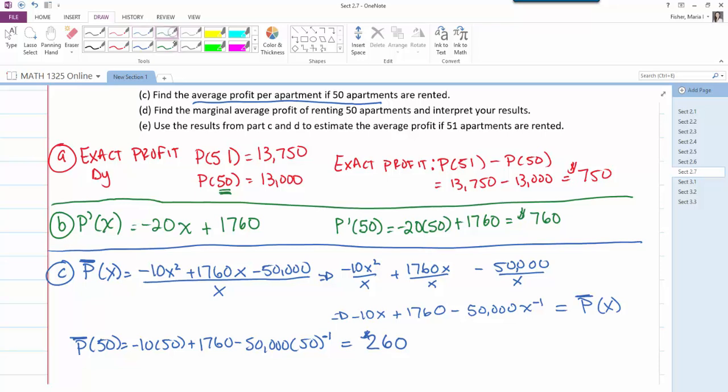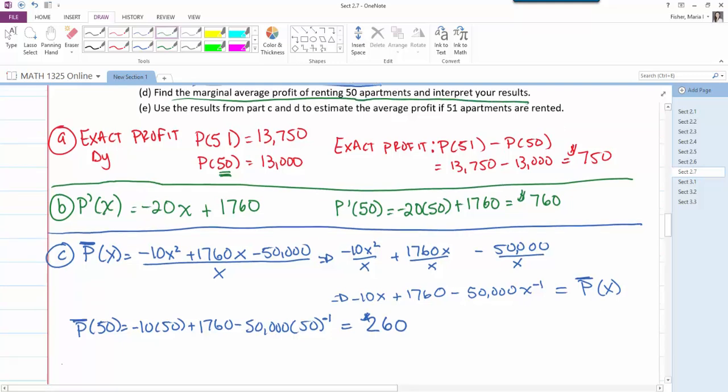Part D says find the marginal average profit of renting 50 apartments and interpret your results. Well, in order to find the marginal anything, I need to find the derivative of my average profit function. The derivative of negative 10x is negative 10.